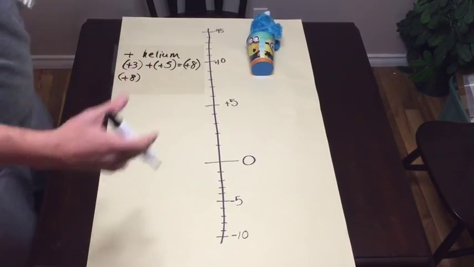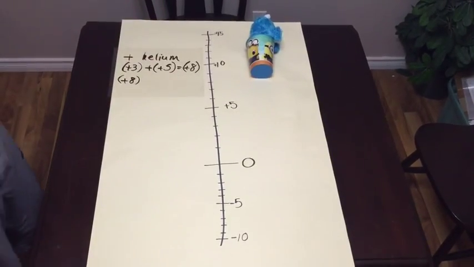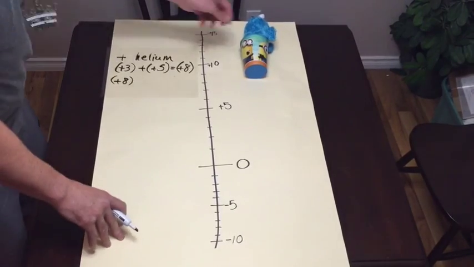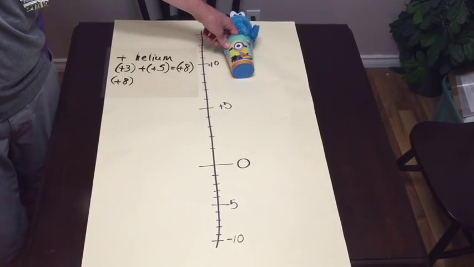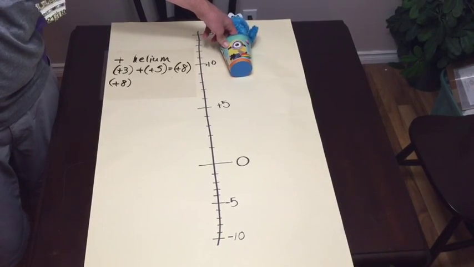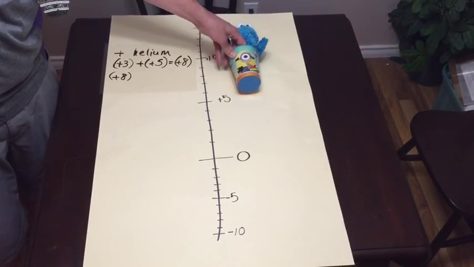Well, one way he can get back down is if we add weights. So in that case, you need to think of weights being our negative numbers. So imagine he's at positive 8 here, and he adds 3 weights to his bucket. What's going to happen? Well, the weights are going to bring him down 3 spots. 1, 2, 3.